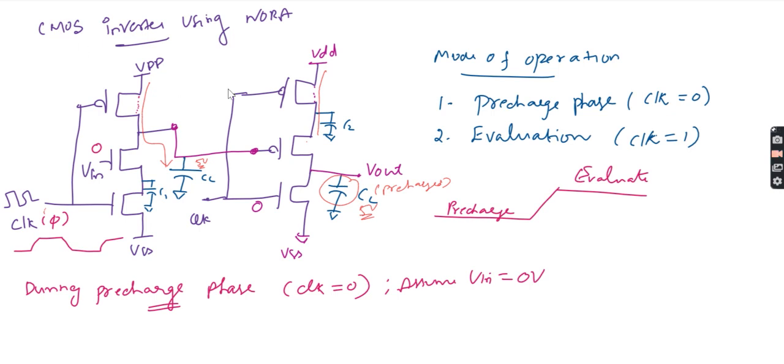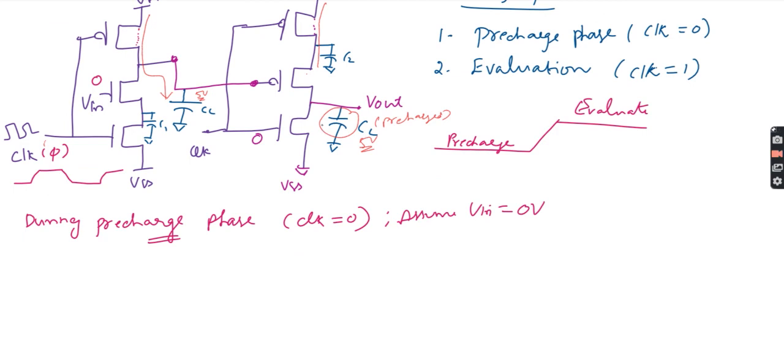Now we need to go for the evaluation phase. During the evaluation phase, clock is equal to 1, and the output node will be discharged.